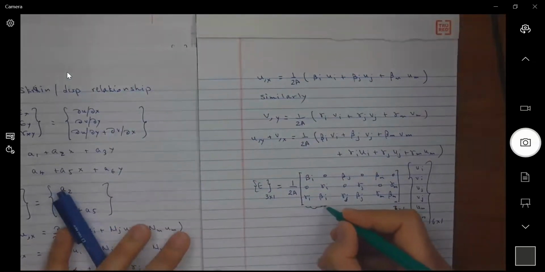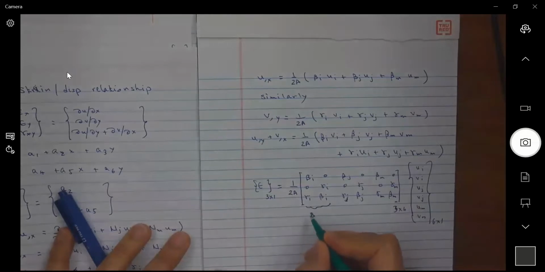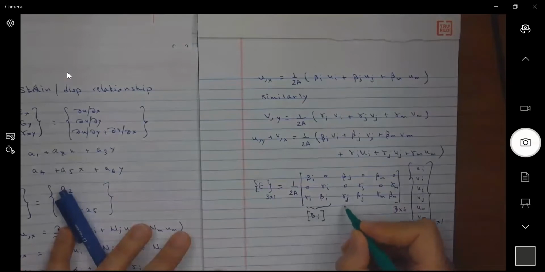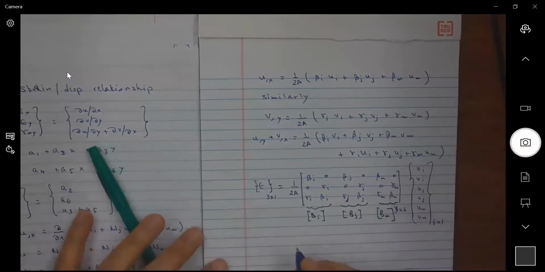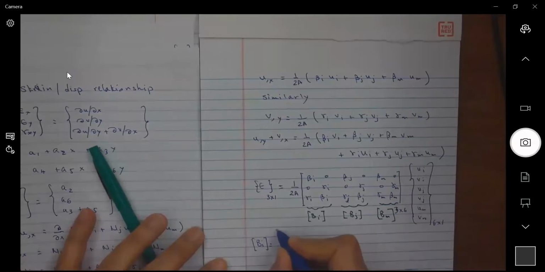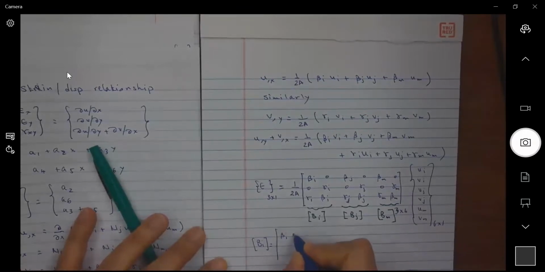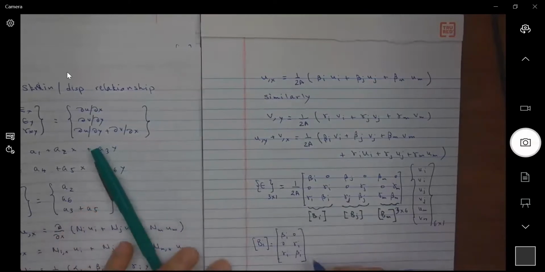Now, if I look at this term and call it Bi, and this term Bj, and this term Bm, such that Bi is equal to beta i, 0, 0, gamma i, gamma i, beta i. So we have a 3 by 2.